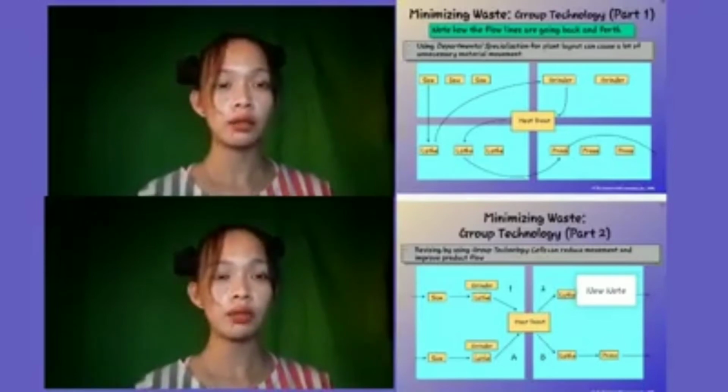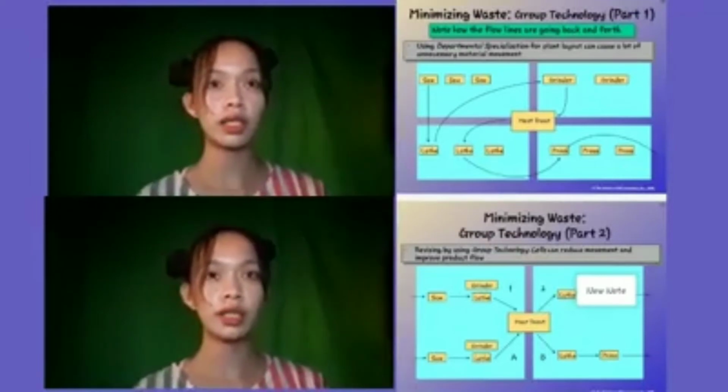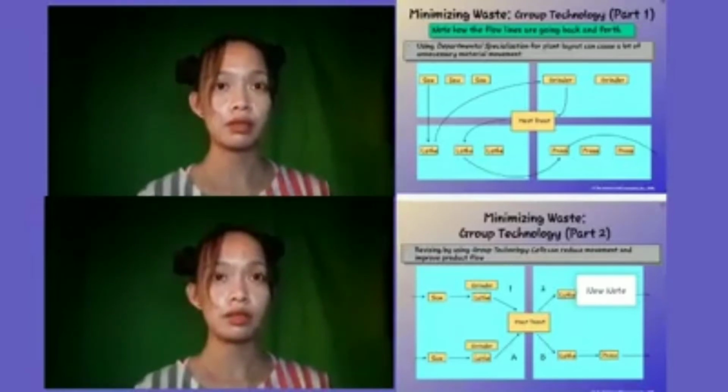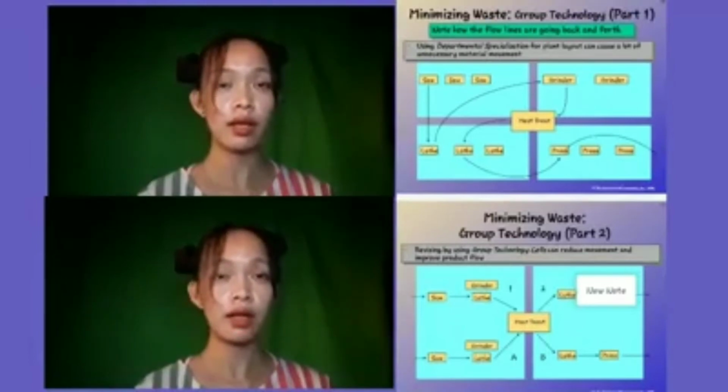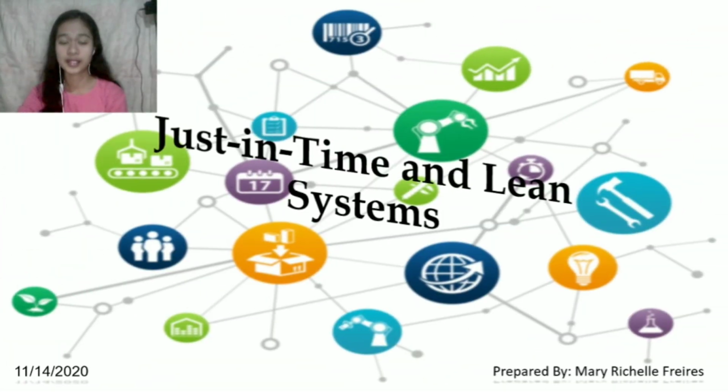So, hindi na siya yung back and forth na pumunta dun, pumunta dito, kasi nga ganun yung pagkakahanay nung mga machine. Dito sa Group Technology Part 2, napapabilis. So, pinakita lang natin dito na ang minimizing waste ay napapakita sa Group Technology Part 2. So, yun lang po. Good day, everyone.